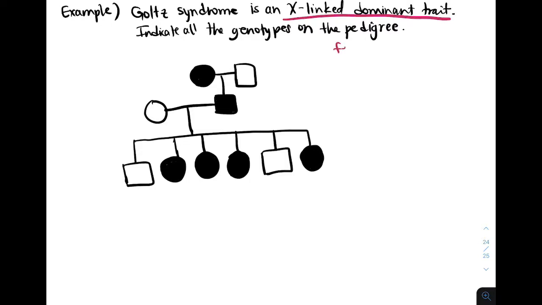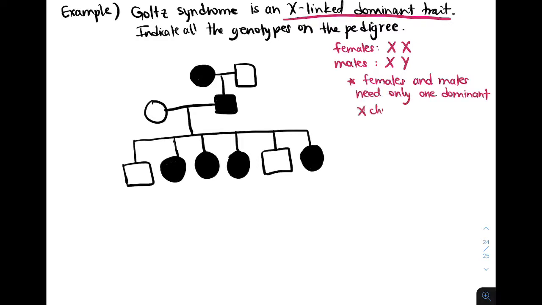And also remember that females have 2 X chromosomes, whereas males have 1 X and 1 Y. This means that females and males need only 1 dominant X chromosome in order to be affected and show the trait.